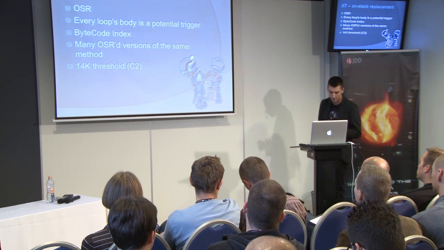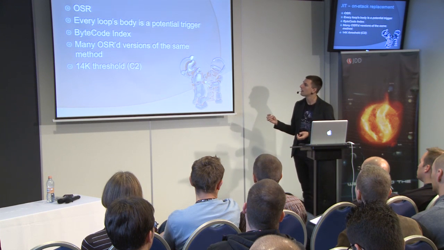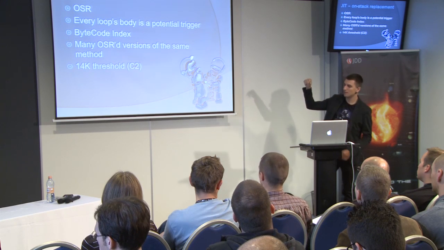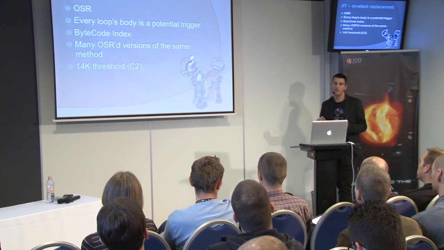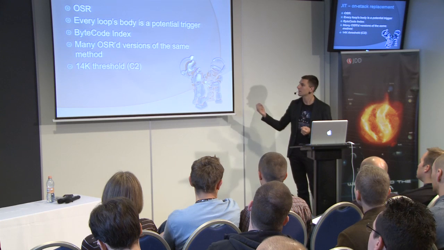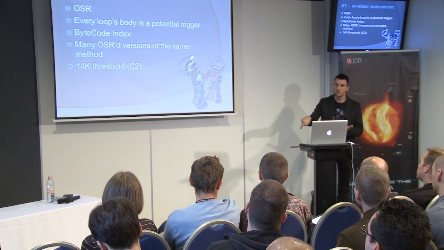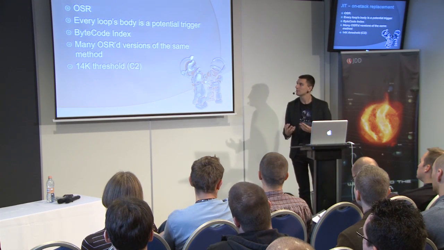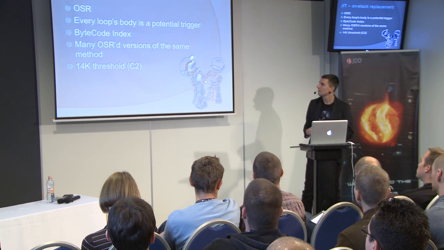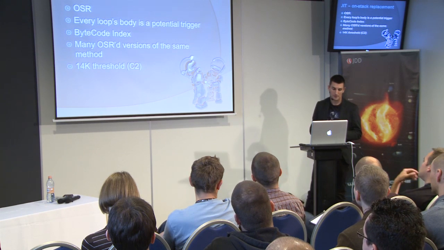This main method will be executed only once, so no JIT optimizations will be applied to the method. But if this loop has many iterations, for example 40,000, then only this loop will be compiled into native code and replaced on the stack, and the next iterations will be processed in machine code.